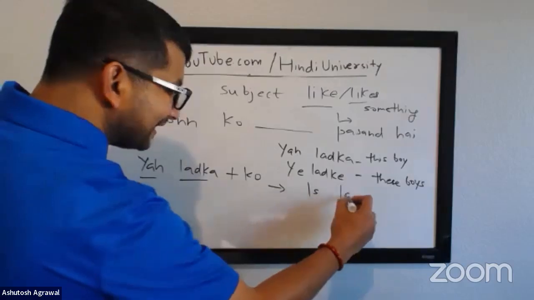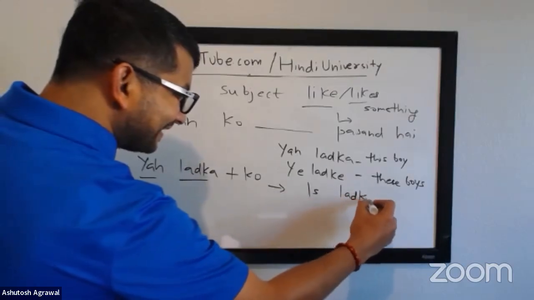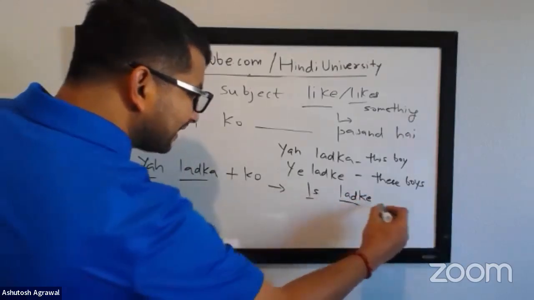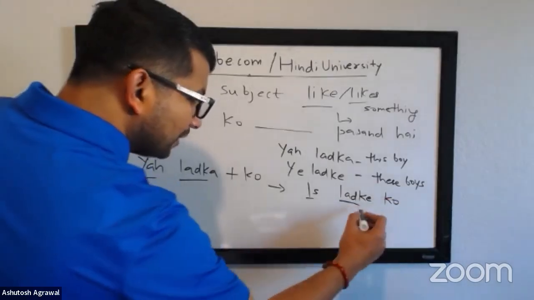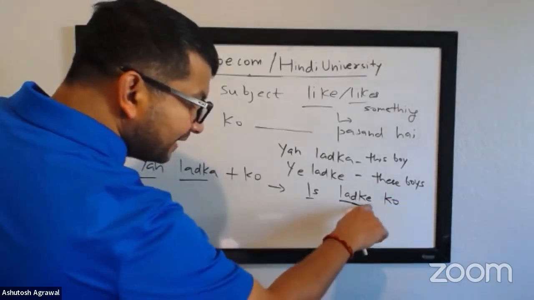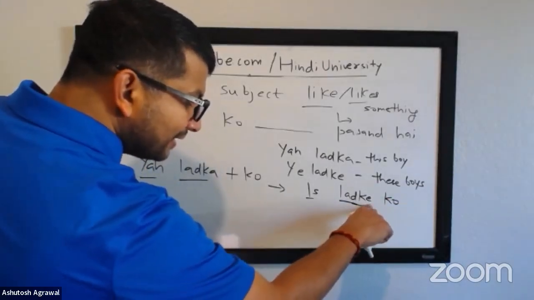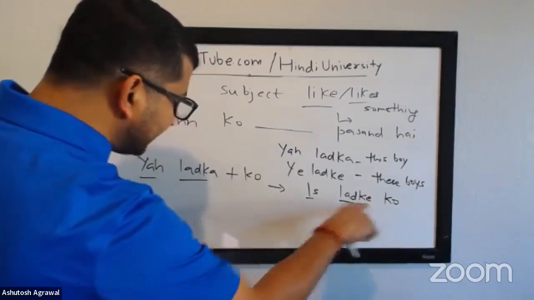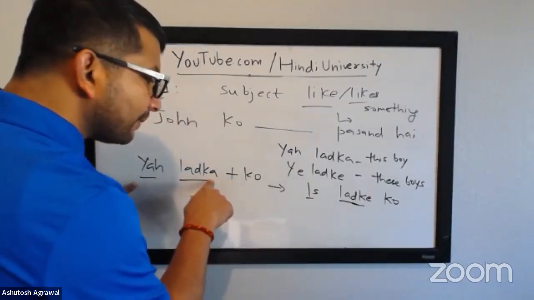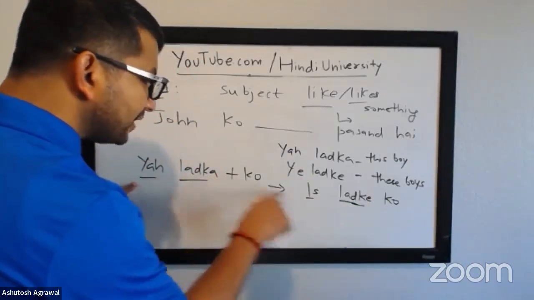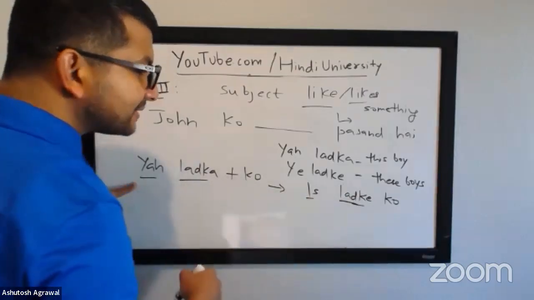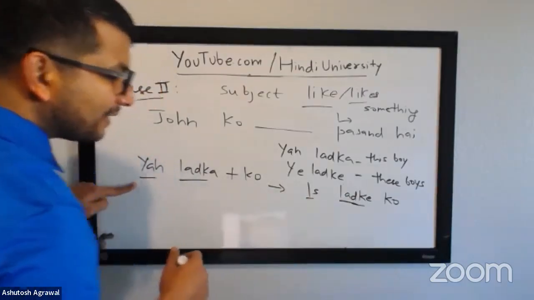Oh, that's right. Yeah, thank you. This is the part I often forget. Yes, so it will become is ladke ko. Even though it may appear as a plural, it's not necessarily plural, it's just an oblique case of ladka. So it becomes is ladke ko ice cream pasand hai, right?